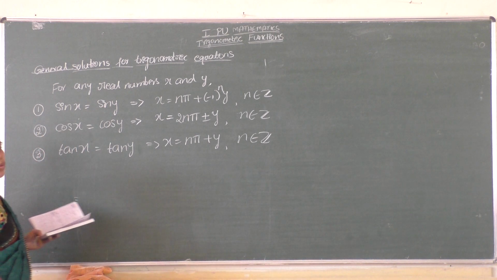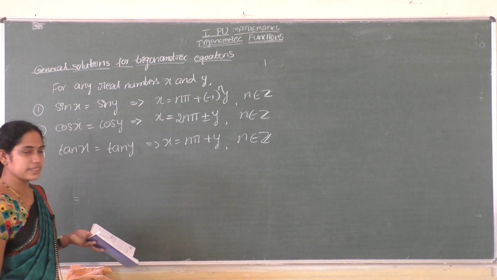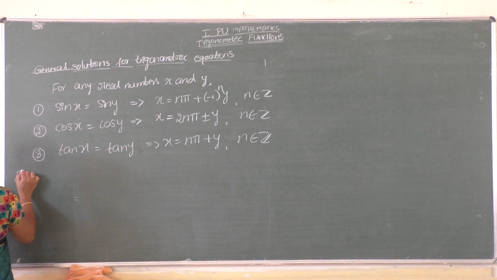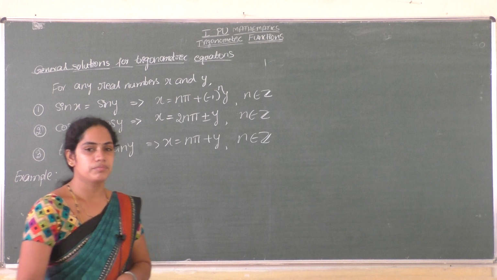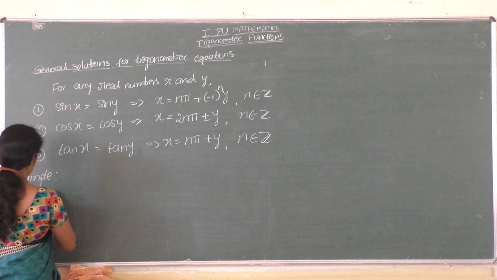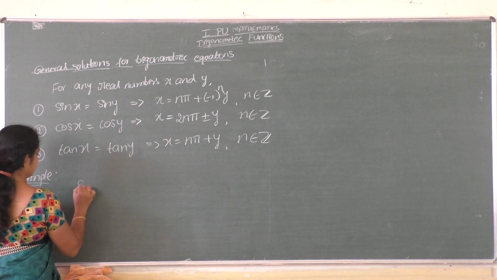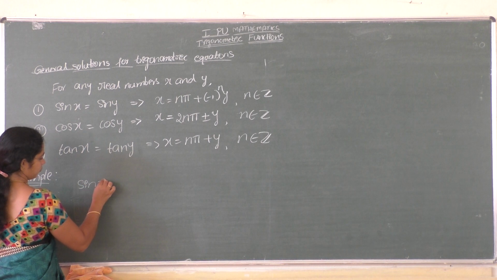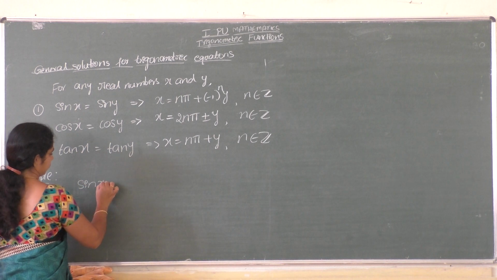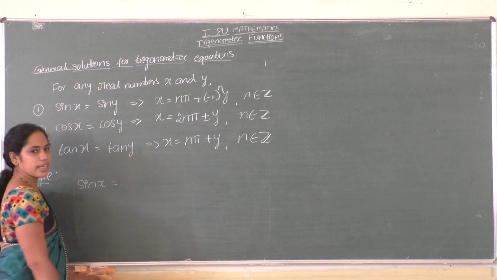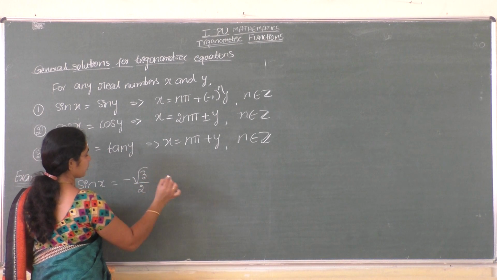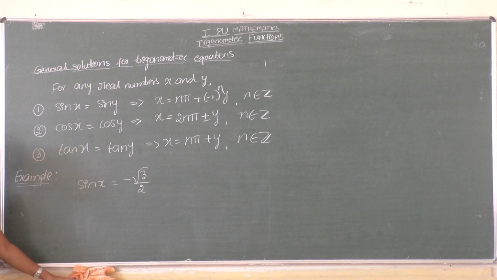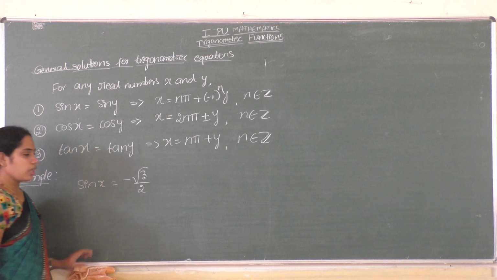We'll see one example for each. Okay. Example: sin x equal to minus root 3 by 2.